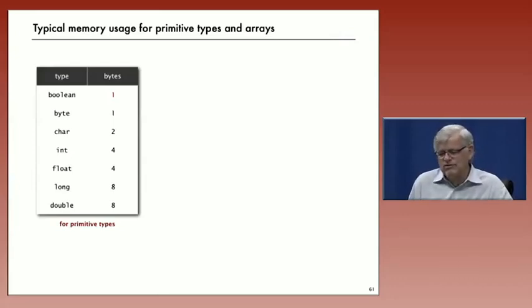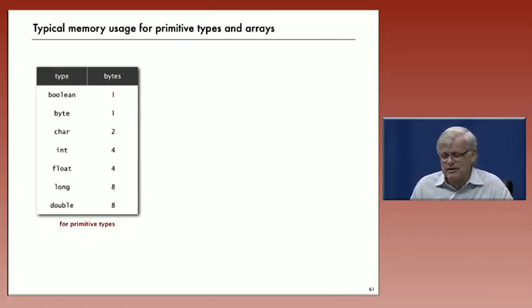So in terms of bytes, we have to start out with typical memory usage. Now again, this is very dependent on machine and implementation, but these numbers are reasonable and are found on typical implementations. So a Boolean, it would be nice if a Boolean just took a bit because it's just true or false, but actually usually we have to count a byte for a Boolean. Well, a byte is a byte. Character nowadays is 2 bytes, 16-bit characters.